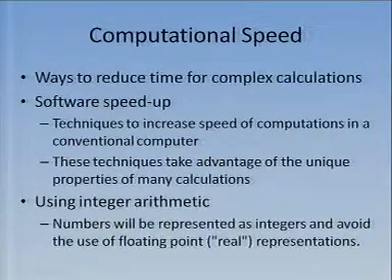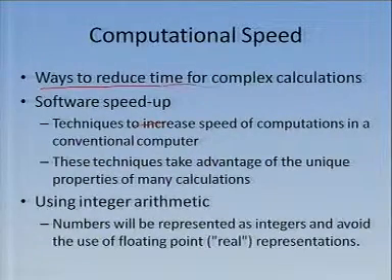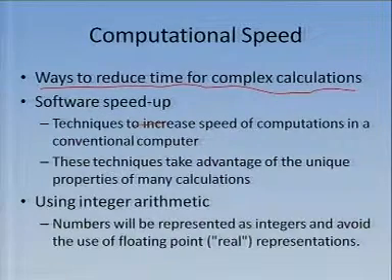Now, talking of the computational speed, how do we increase it? There are ways to reduce the time for complex calculations. Let us see how we can do it. As I said, one way is software speed up, that means we can increase the efficiency of my software.